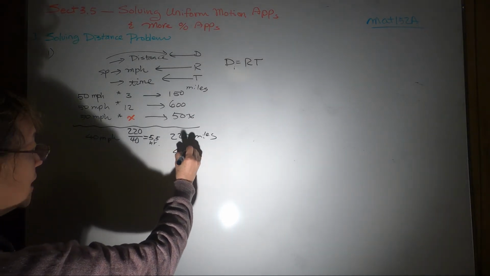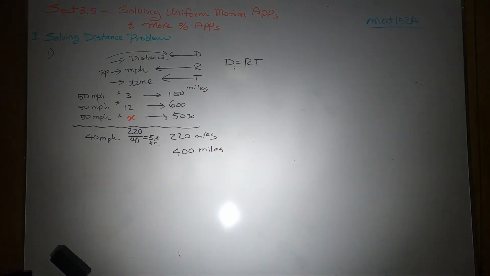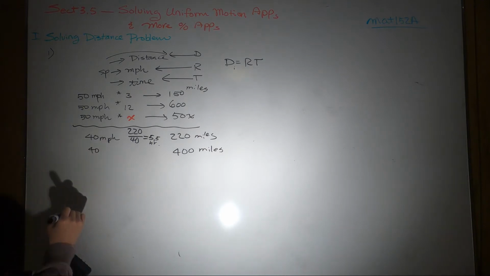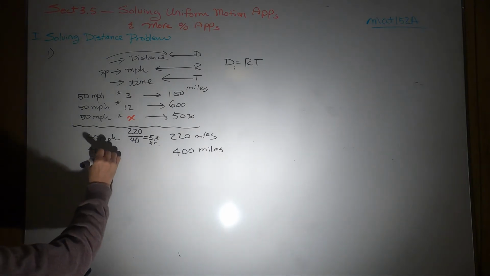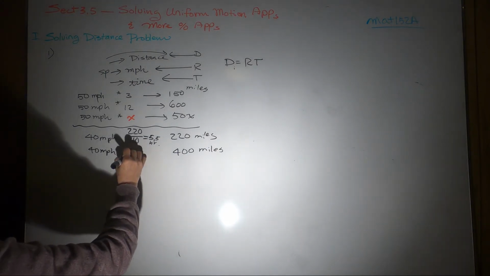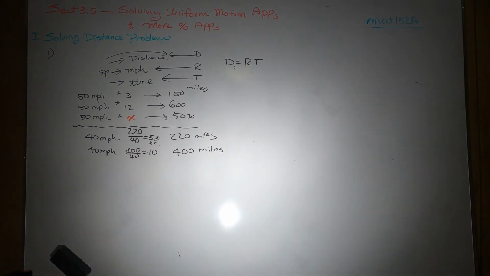Say if you drive 400 miles to Eugene, Oregon, and you still drive the same speed. What do you think? How long will it take you to get there? That will be 400 divided by 40. That would take you 10 hours, right?